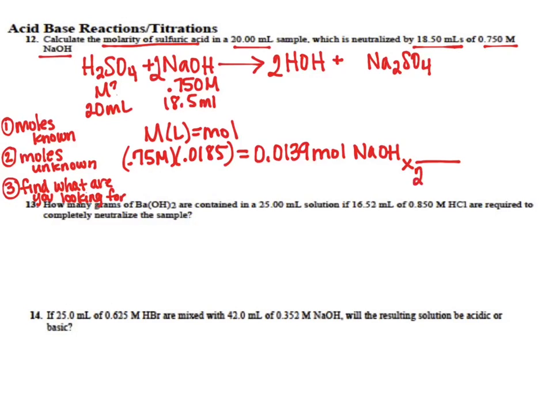For every 2 moles of NaOH, we have 1 mole of H2SO4. So right now in our problem, we have gotten to moles of H2SO4. Go back to your problem and tell me, what does the problem say?